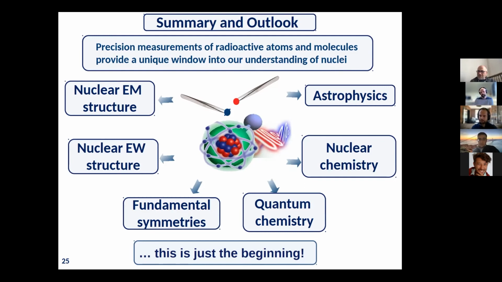So maybe there are also possibilities for this type of work that you are doing, and there are all kinds of interesting discussions, for instance, also for making even a specialized storage ring at CERN for radioactive isotopes. So I think maybe there could be more places to do this stuff.